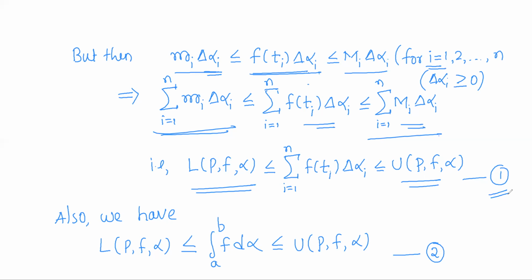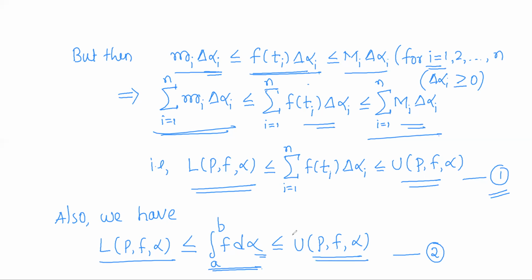And previously, while discussing the relation between the lower Riemann-Stieltjes integral and the upper Riemann-Stieltjes integral, we have observed that the Riemann-Stieltjes integral of f with respect to α over the closed interval [a,b] always lies in between the lower Riemann-Stieltjes sum and the upper Riemann-Stieltjes sum. So this is true actually for any partition.